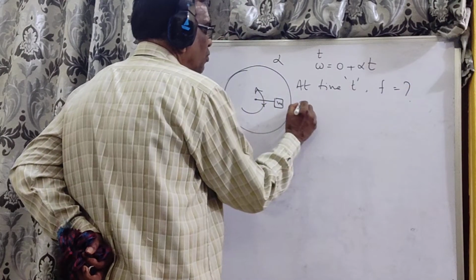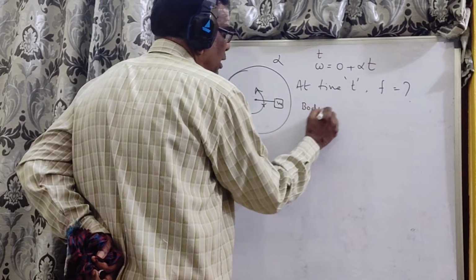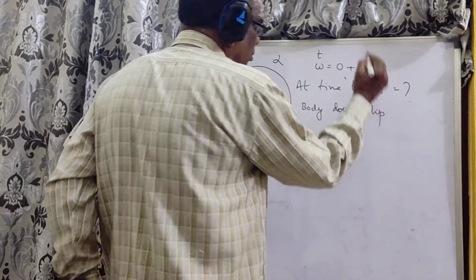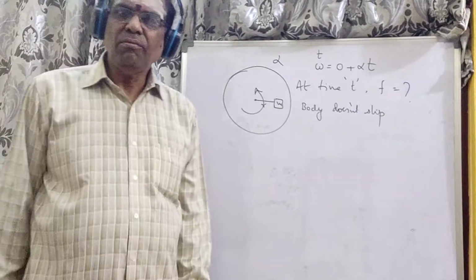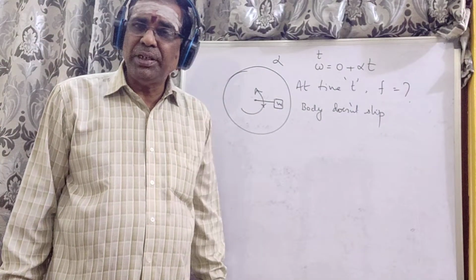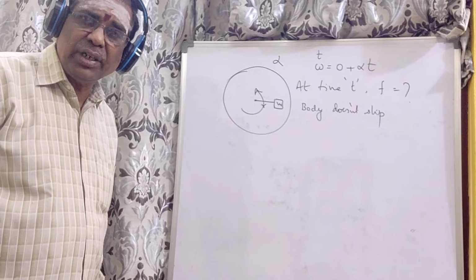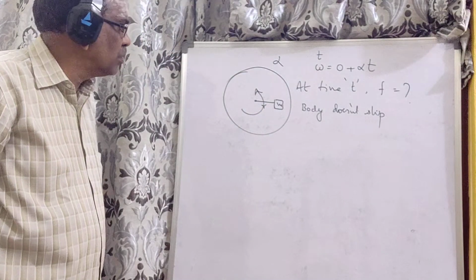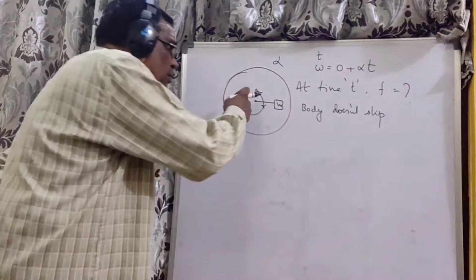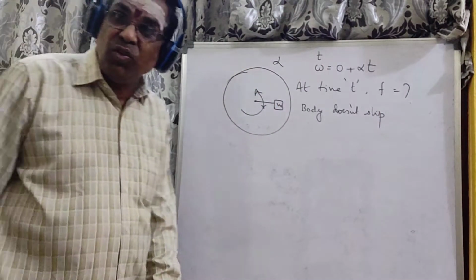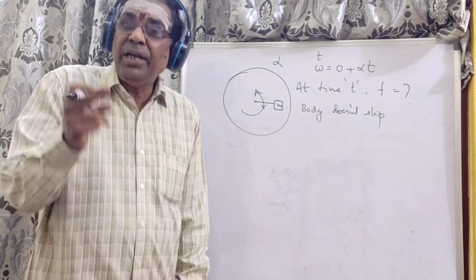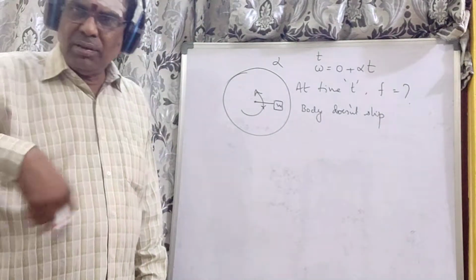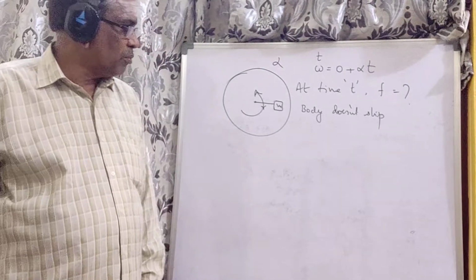Now at time t, what is the frictional force? The body doesn't slip. This is a very interesting case, my dear friends. You have to be very careful here. Look at this body. You are subjecting it to alpha, and so to angular movement or rotation.